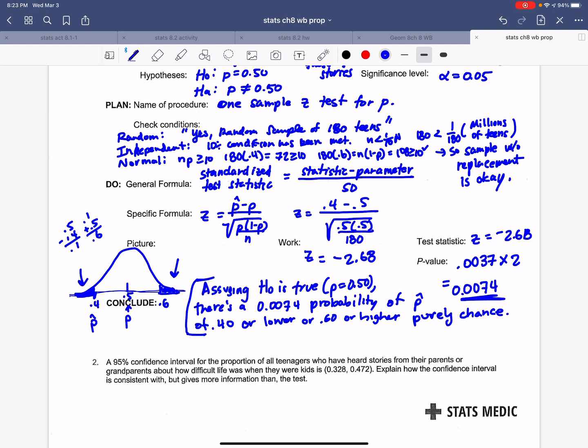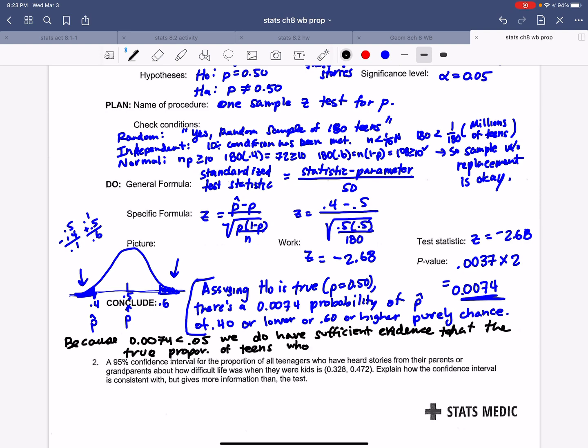So what conclusion can we come to now? We can now say that because we know that our p-value, 0.0074, is less than 0.05, we do have sufficient evidence to support H sub A, that the true proportion of teens who've heard stories, it differs from, right?